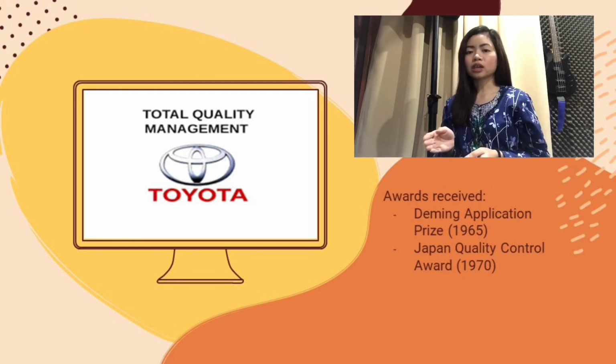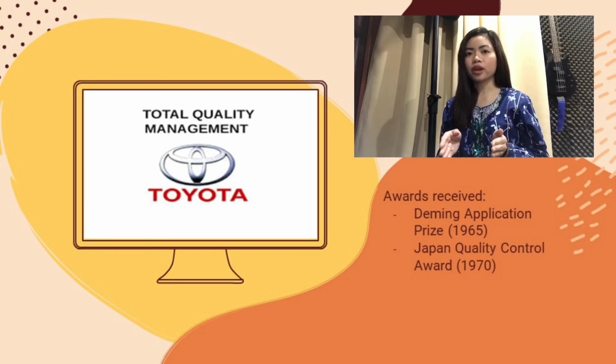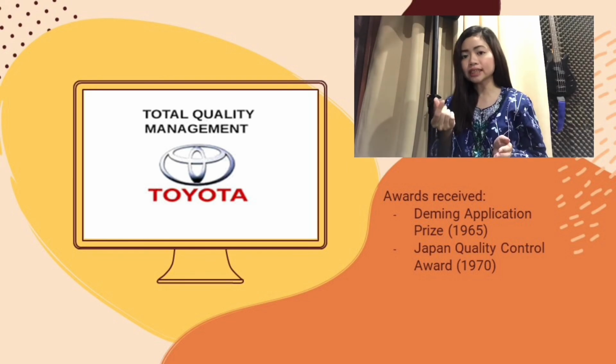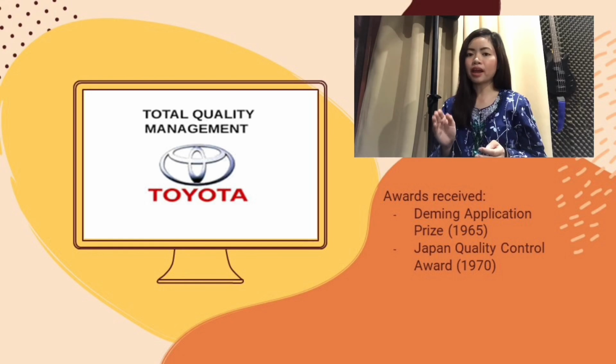Toyota focuses on continuous improvement across all branches and levels of the organization. The concept defines the way in which the organization can create value for its customers and other stakeholders. Through TQM, Toyota Corporation has been able to create value, which eventually leads to operational efficiencies.